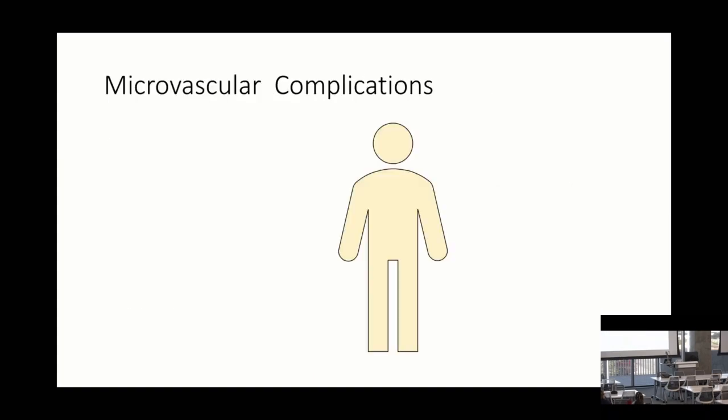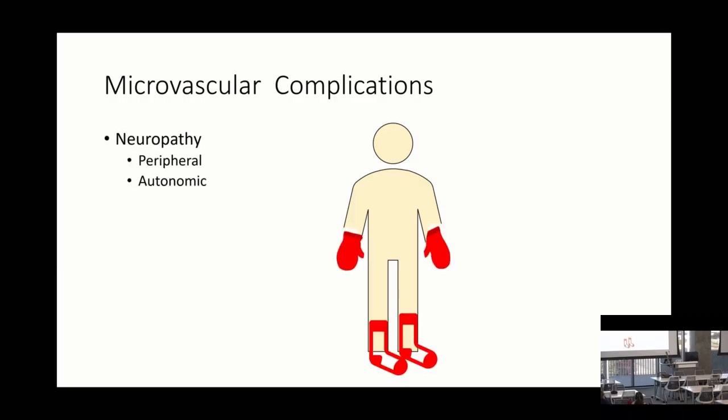So talking about microvascular complications, you can have neuropathy, which could be peripheral or autonomic. So peripheral neuropathy is what you have in the extremities, so something like nerve damage to the feet is the most common cause of foot amputation, okay, because of loss of sensation, especially in Las Vegas, because here it gets hot in the summer.